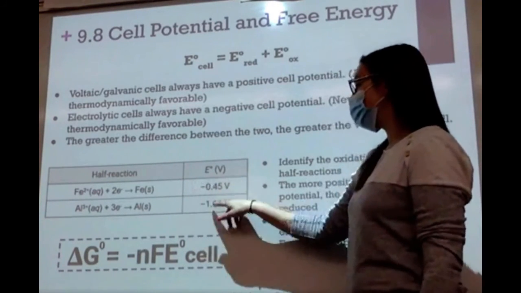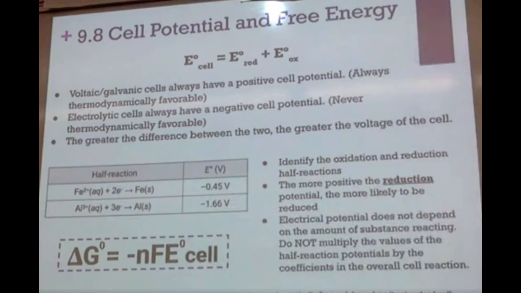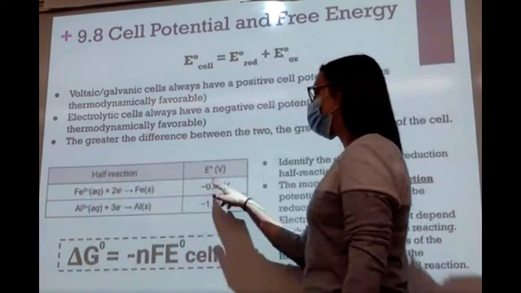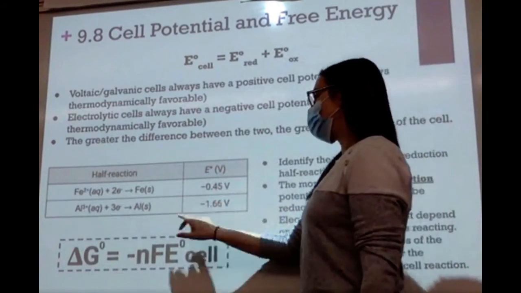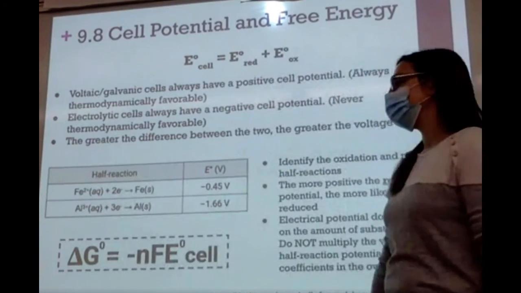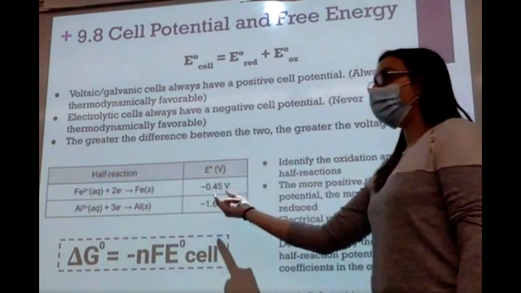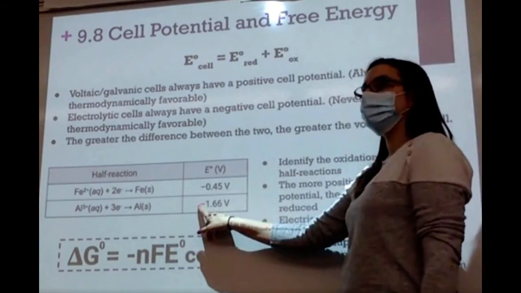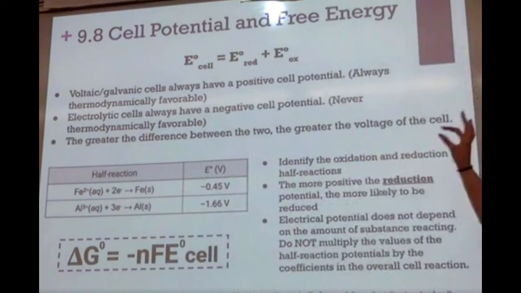So even though these are both negative, negative 0.45 is more positive. It's closer to 0. So that means that Fe2+ will be the one that is reduced, which means the second one I need to flip. And when I flip it, I flip the sign. The only thing you ever do to cell potential is flip the sign and add them together. You never multiply.